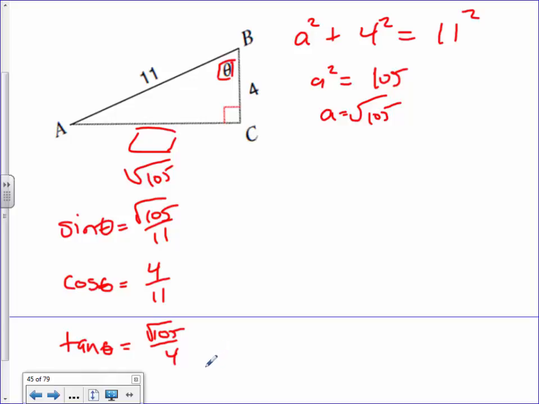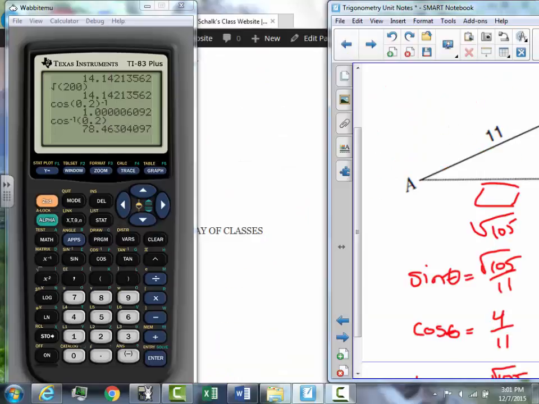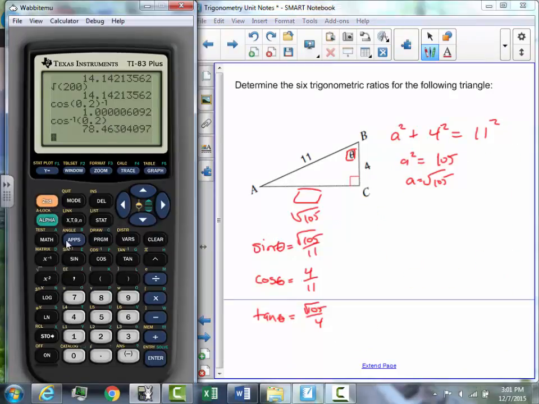Okay, let's say I wanted to solve for theta. How do you get rid of this sine? Do you reciprocal sine or inverse sine? Good. So I want to make sure you guys know the difference then. If you're typing this in your calculator, you'd go second sine, so there's a -1, and then you'd type in root 105 over 11.